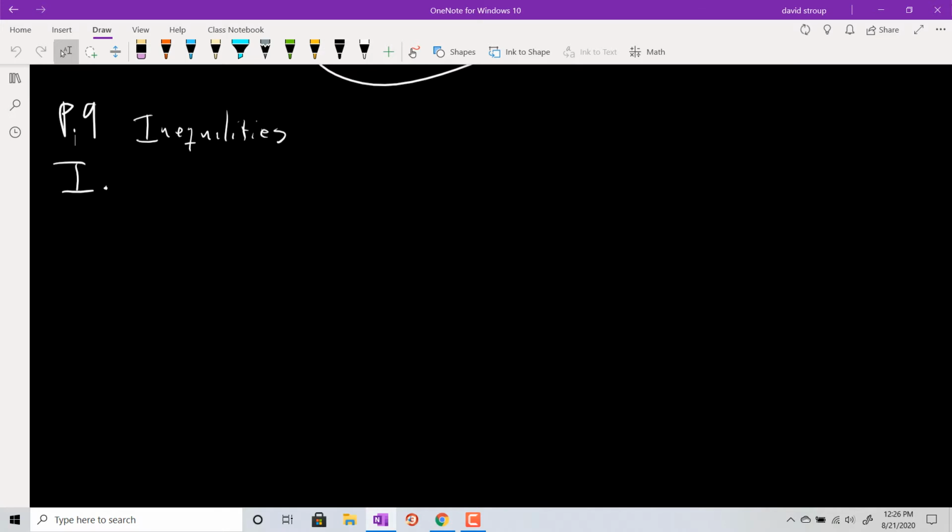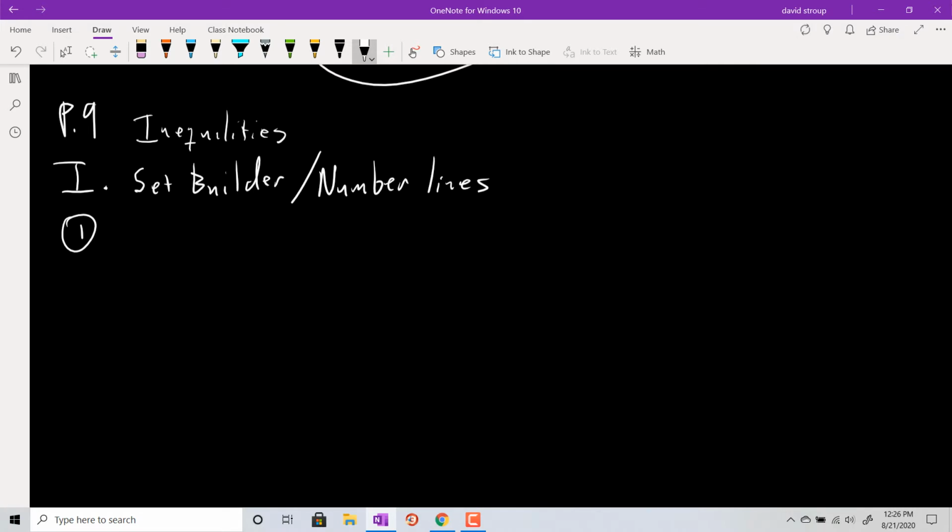Okay. And we use set builder notation along with number lines. And first is just translating from the interval notation to set notation and to the number line and back and forth.